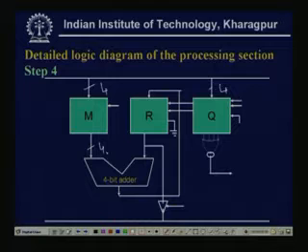Now, these are for M bit, these are L and then C, D, these are grounded. This should be CL, D should be grounded.